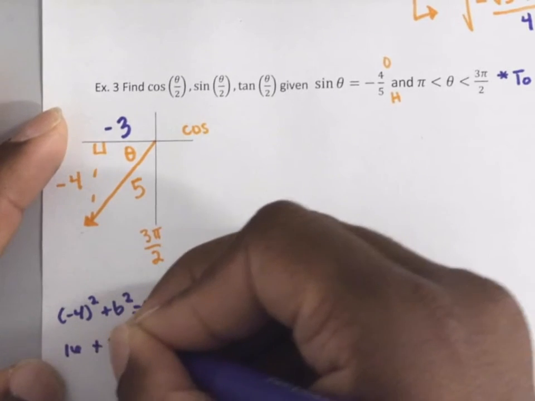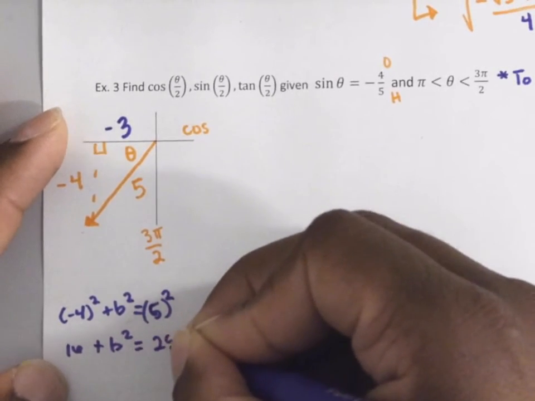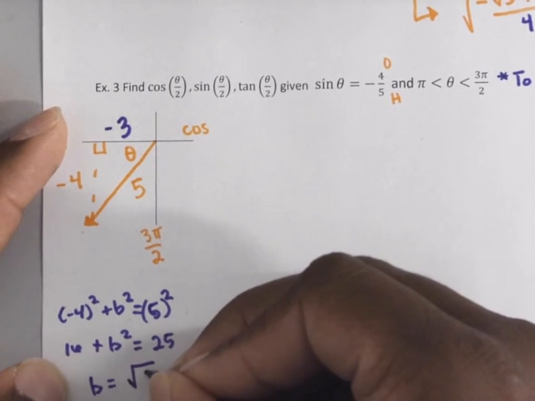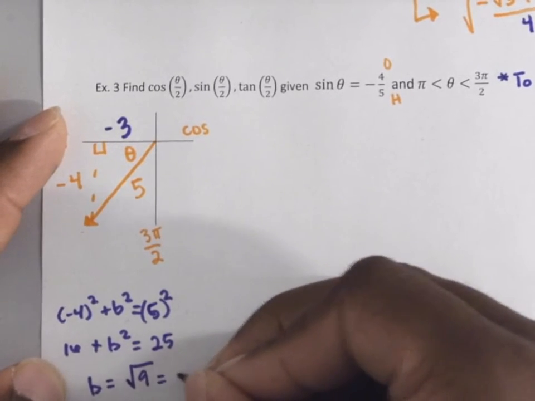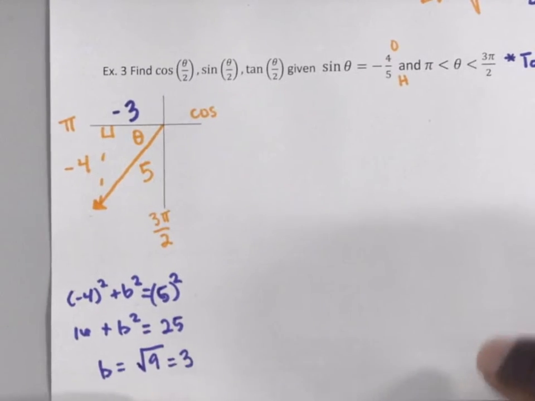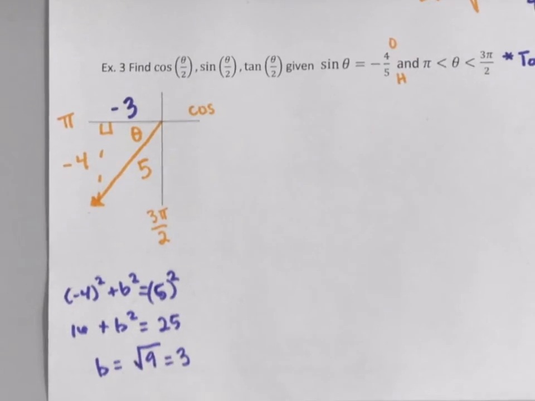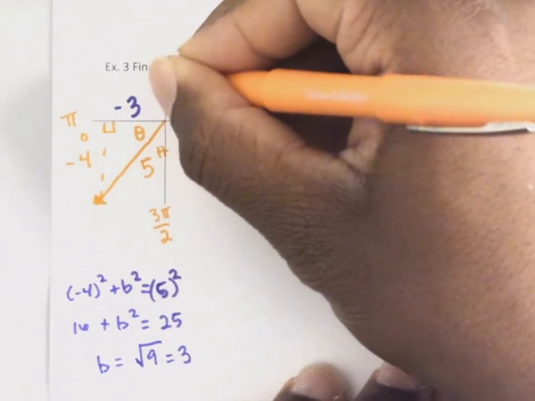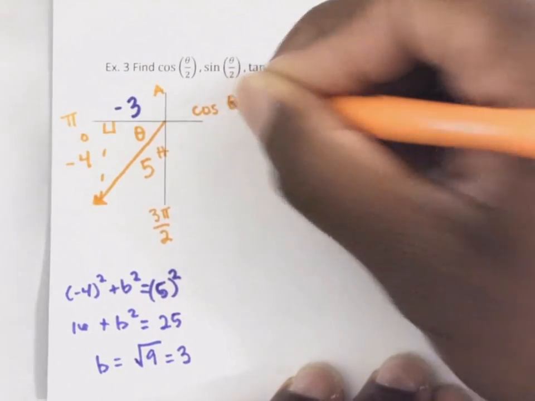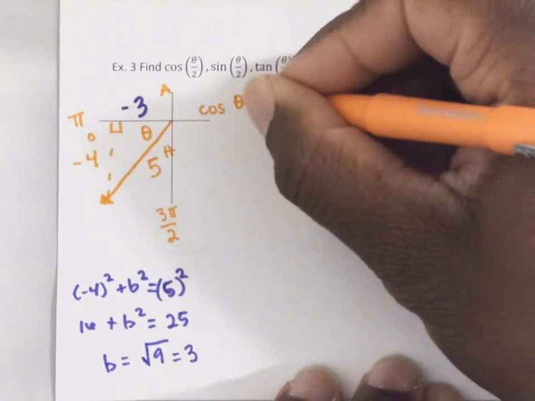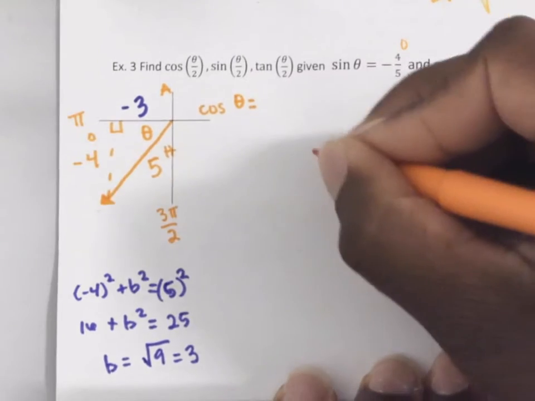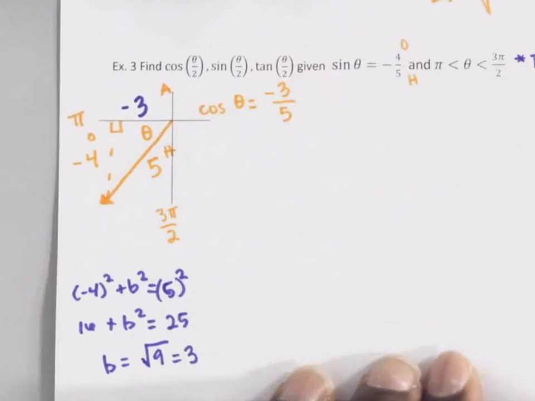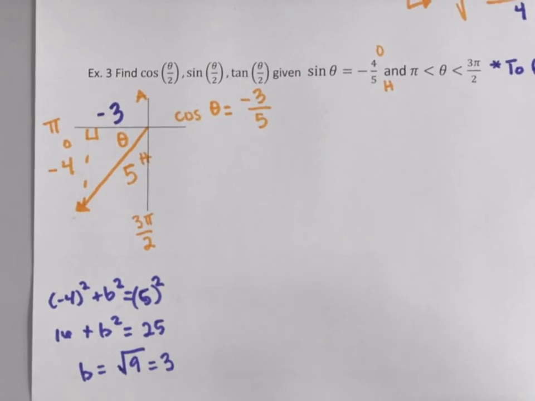I get 16 plus b squared equals 25. B equals square root of 9, which equals 3. That's how we got 3. So, hypotenuse, opposite, adjacent. What's cosine's ratio? A and H. Okay, what's A? -3 over 5. All right, now we're ready to use the formulas.